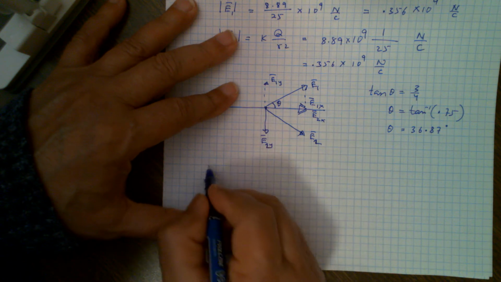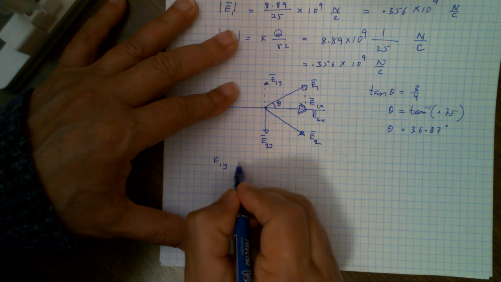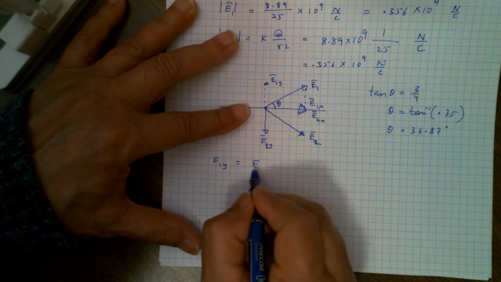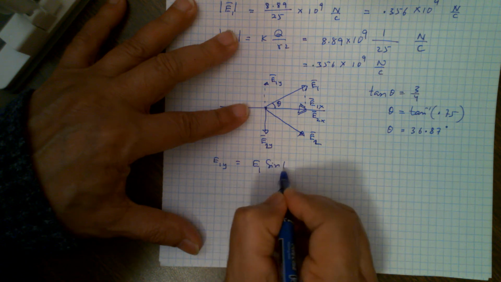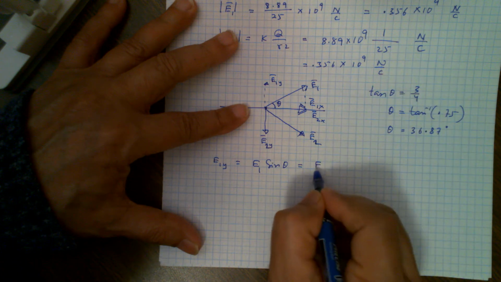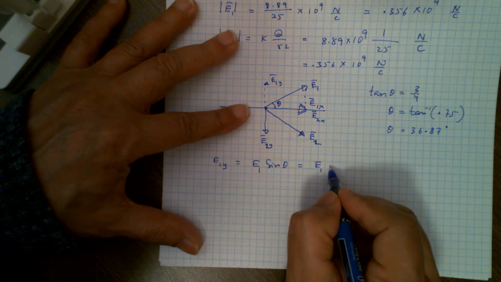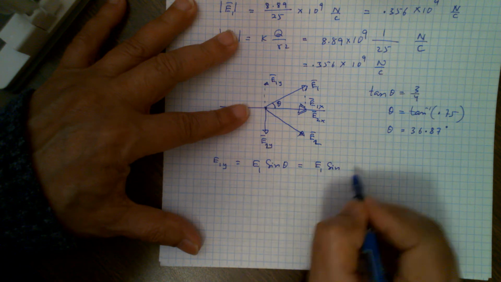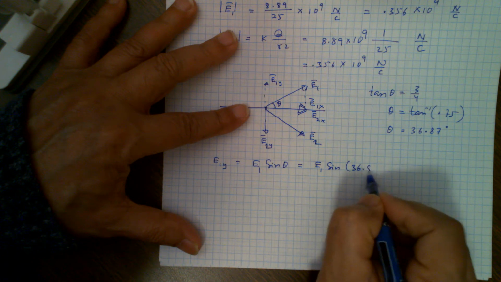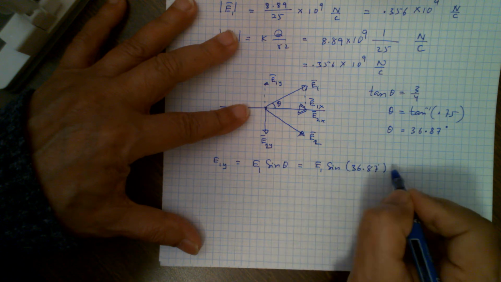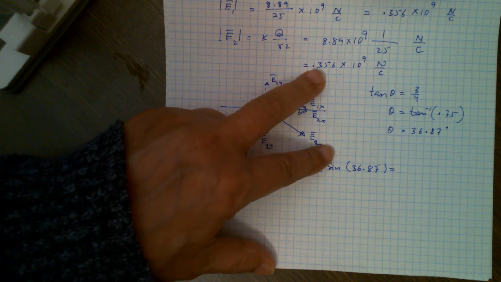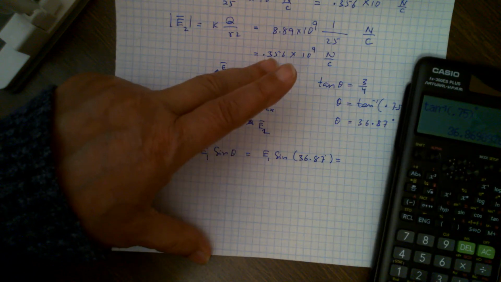Why is that? Well, E1y is equal to E1 sine theta. E1 is, I found, 0.356 times 10 to the power 9, and sine theta is sine 36.87 degrees.